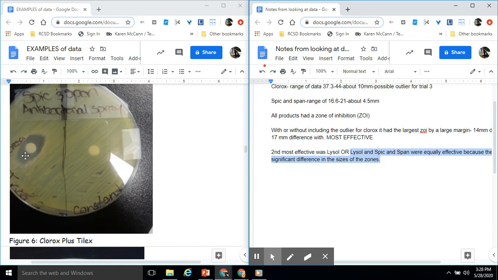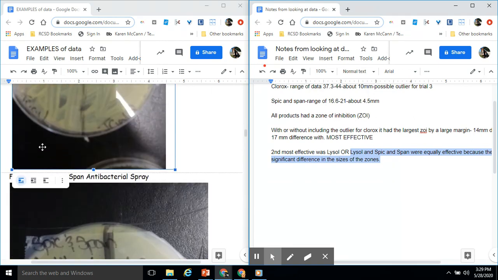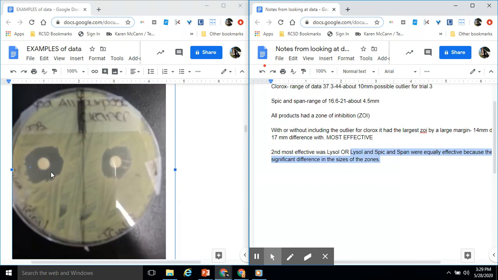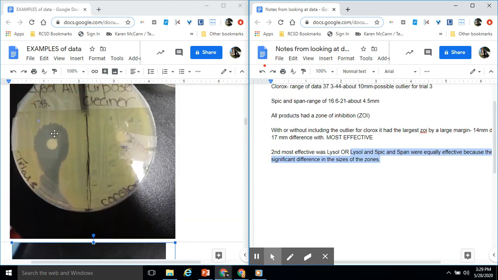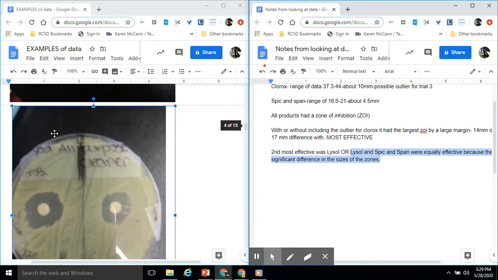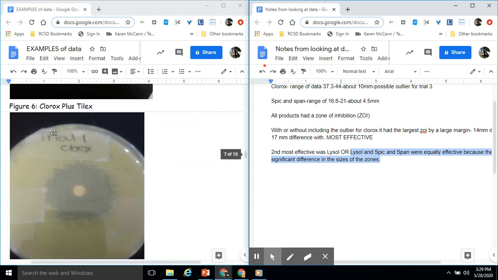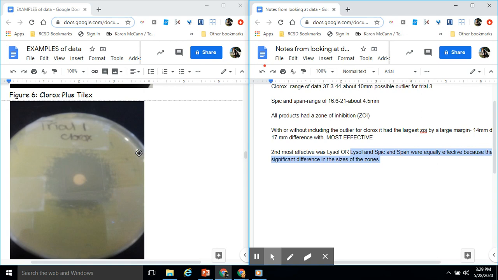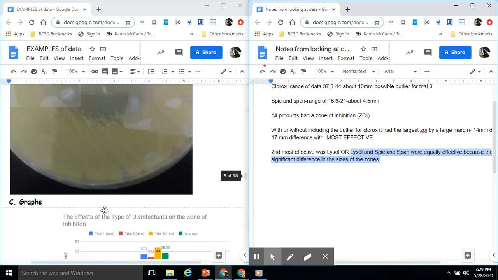The visuals confirm that Spic and Span was third, even though when I looked at the numbers, I was unclear as to the case. But then I look at these and I'm like, oh no, these were definitely bigger than Spic and Span. Spic and Span was definitely a smaller zone. So then it's a lot easier to do the write-up, which is good.